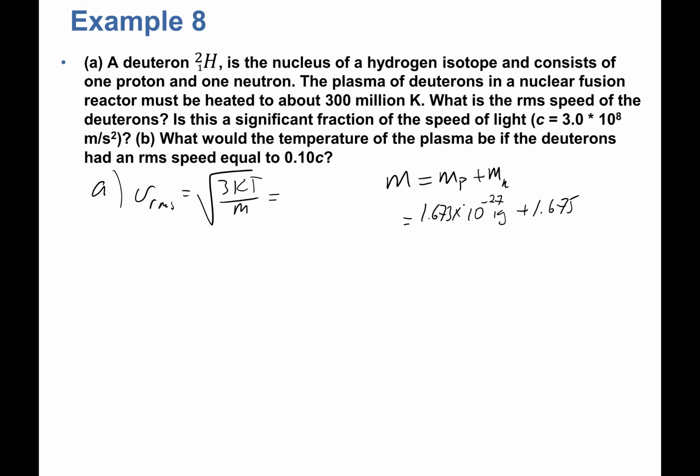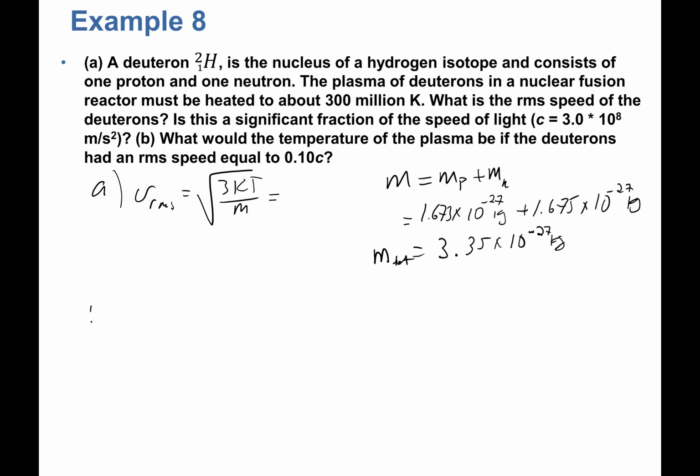The neutron is actually slightly heavier, times 10 to the negative 27 kilograms. That means we end up with a total of 3.35 times 10 to the negative 27 kilograms. That's the total mass, and that's technically all I needed.